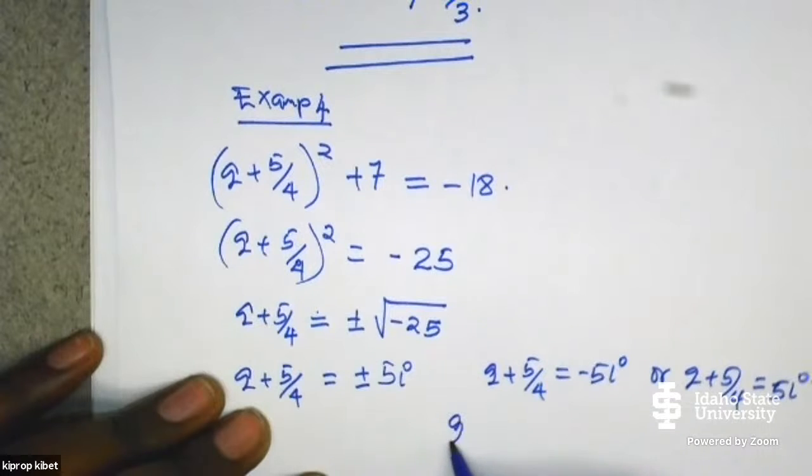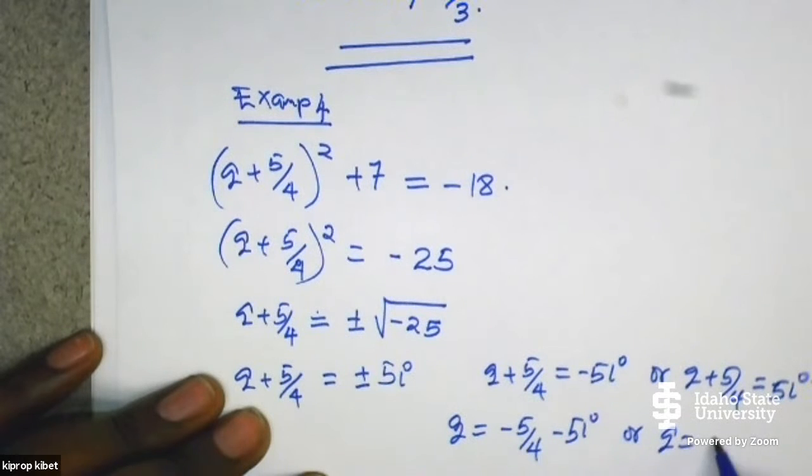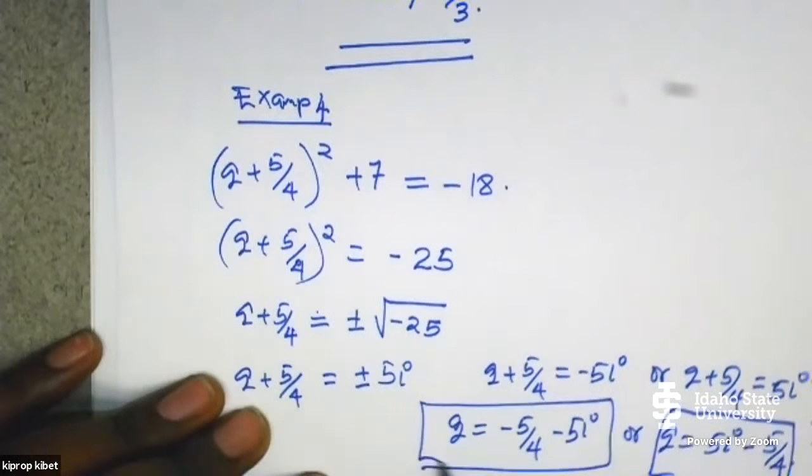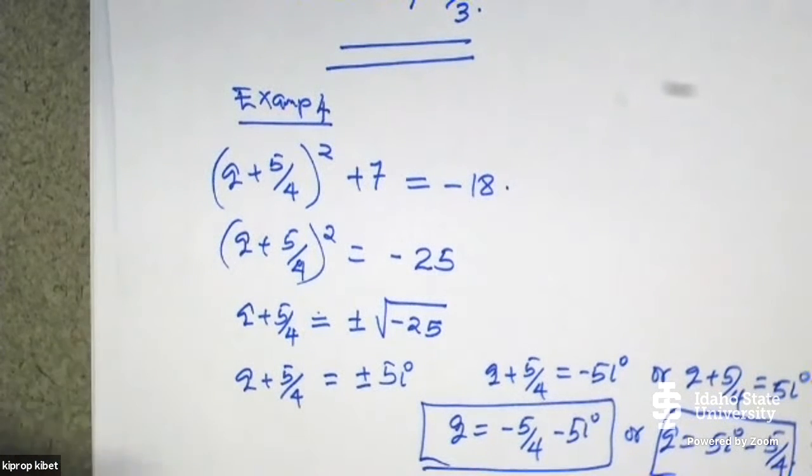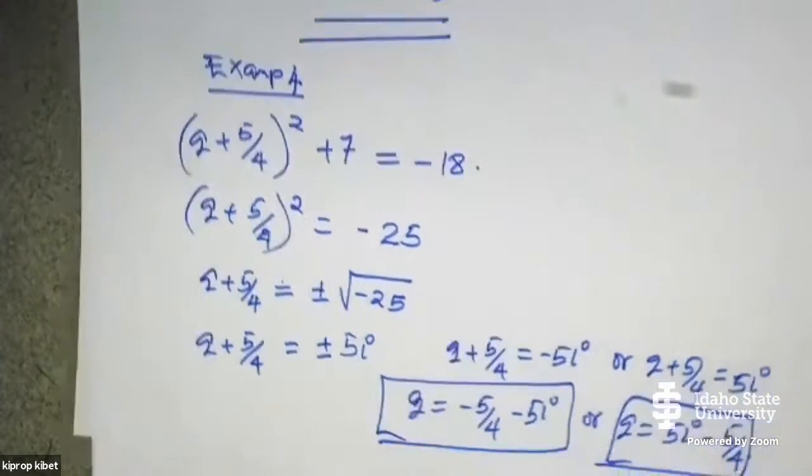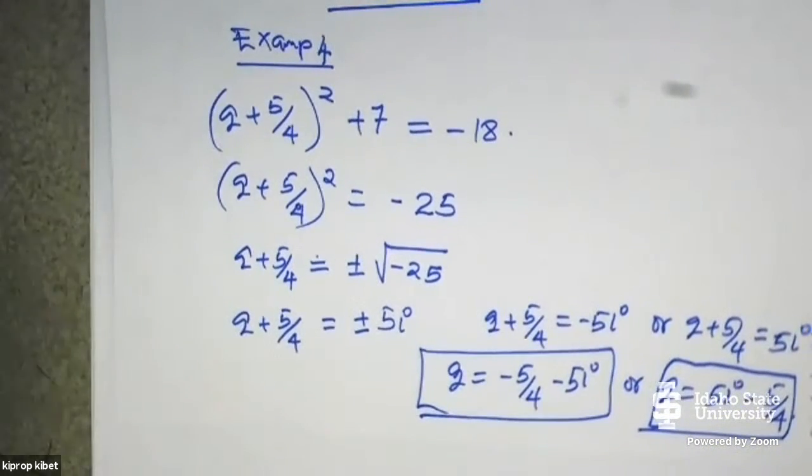So then our q equals negative 5 over 4 minus 5i, or our q equals 5i minus 5 over 4. Those are our solutions.